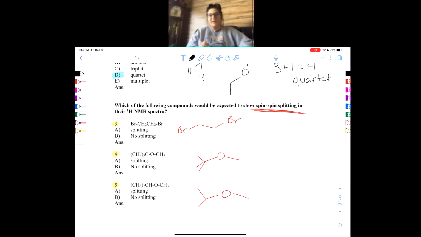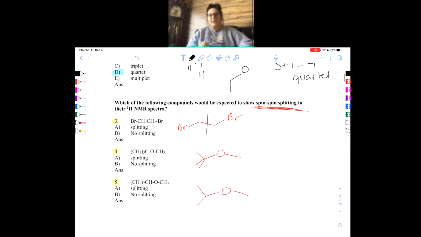So when we're doing NMR and we're trying to count signals, what is the first thing we look at? Starts with an S. Symmetry, exactly. So we have symmetry right here. Here we have internal symmetry, so these three are the same. And here we have internal symmetry so that these two are the same.